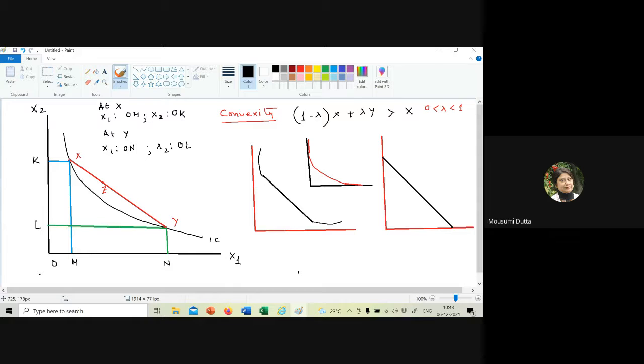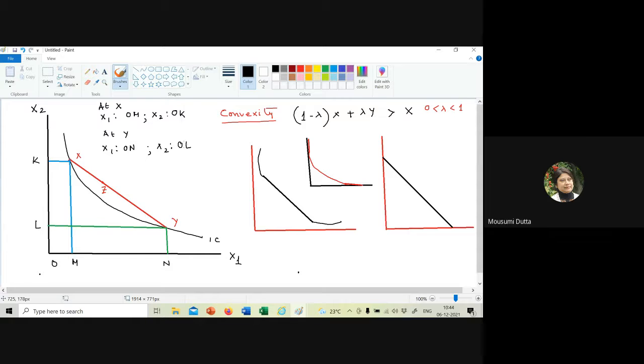If I consider any point on this straight line stretch, that will give me a higher level of satisfaction. In other words, a point like Z will lie on a higher indifference curve.